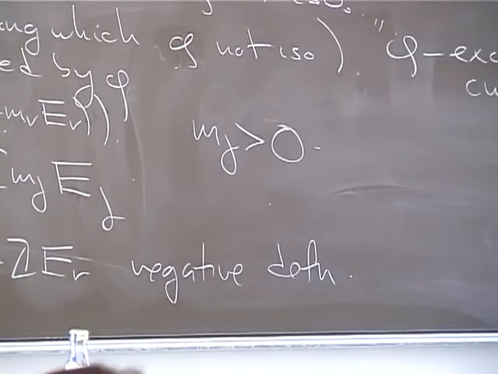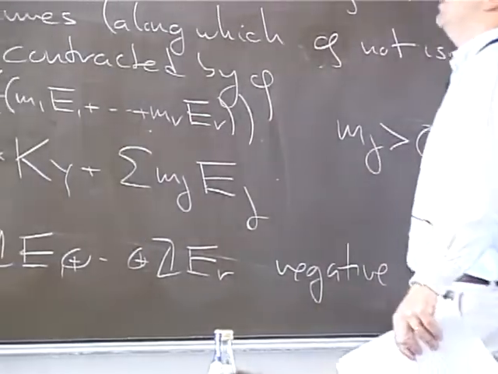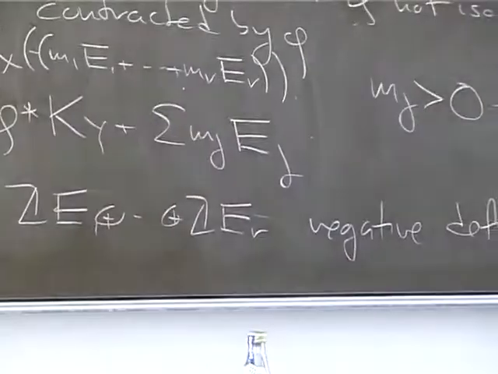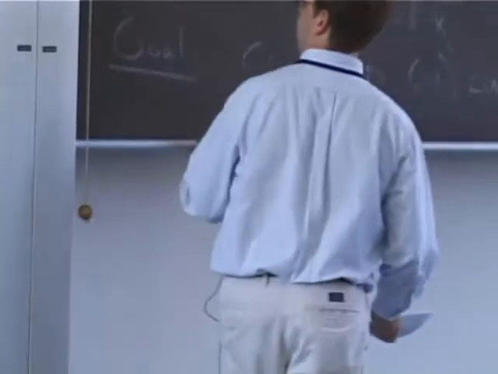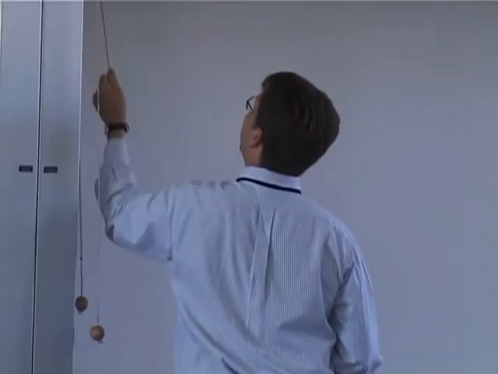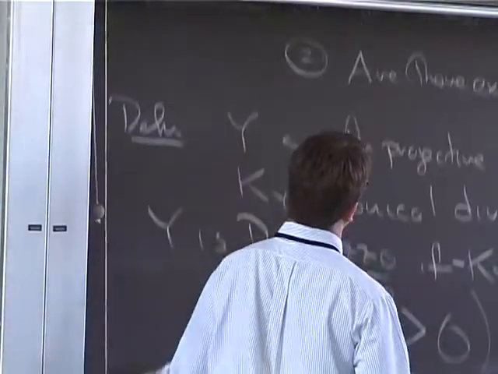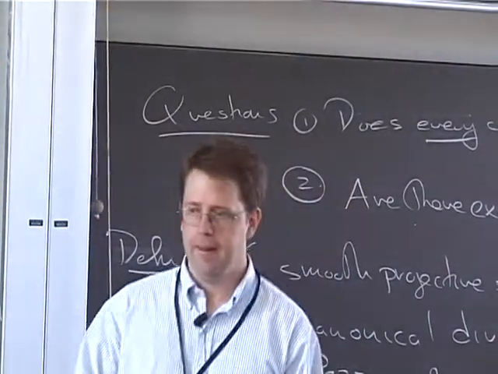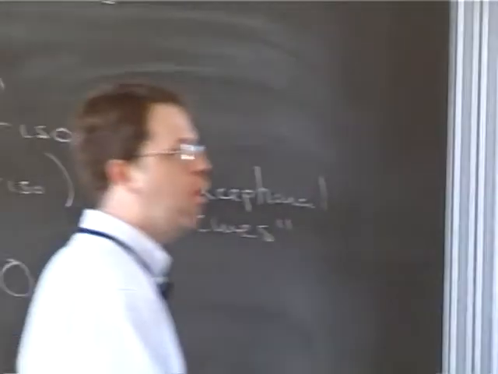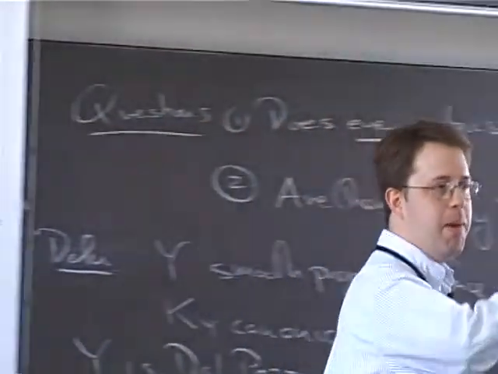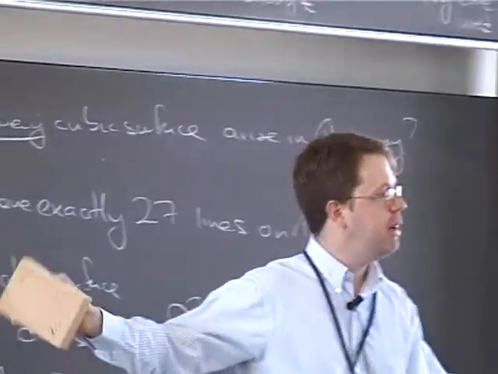So we have this negative definite intersection form. I mean, we've seen these negative definite intersection forms before. When I blew up the 6 points on P1, I got -1, -1, -1, -1, -1. I'm just abstracting that away.